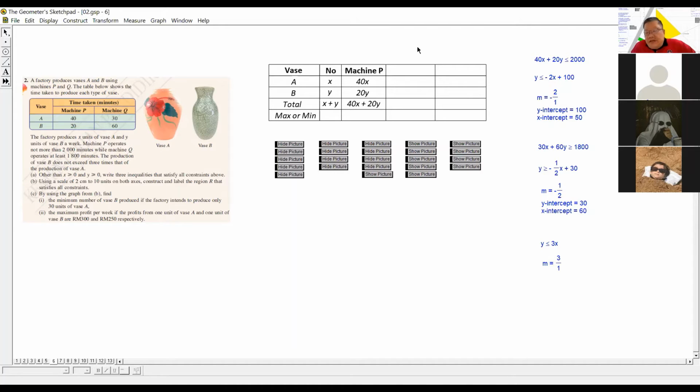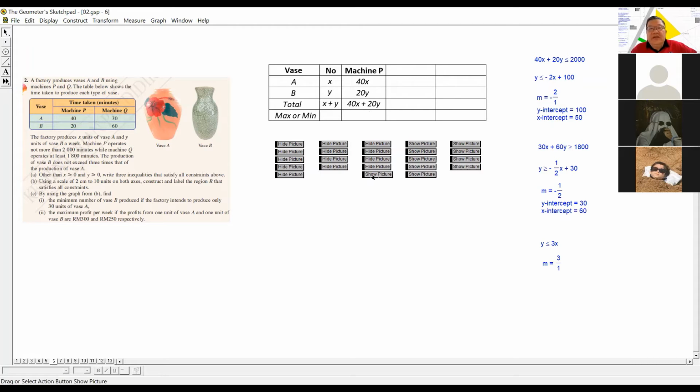So the machine is functioning all the time. So it can produce vase A and vase B. So the total time used to produce vase A and vase B is 40x plus 20y. So this is the total time used by machine P to produce a certain number of x and y.